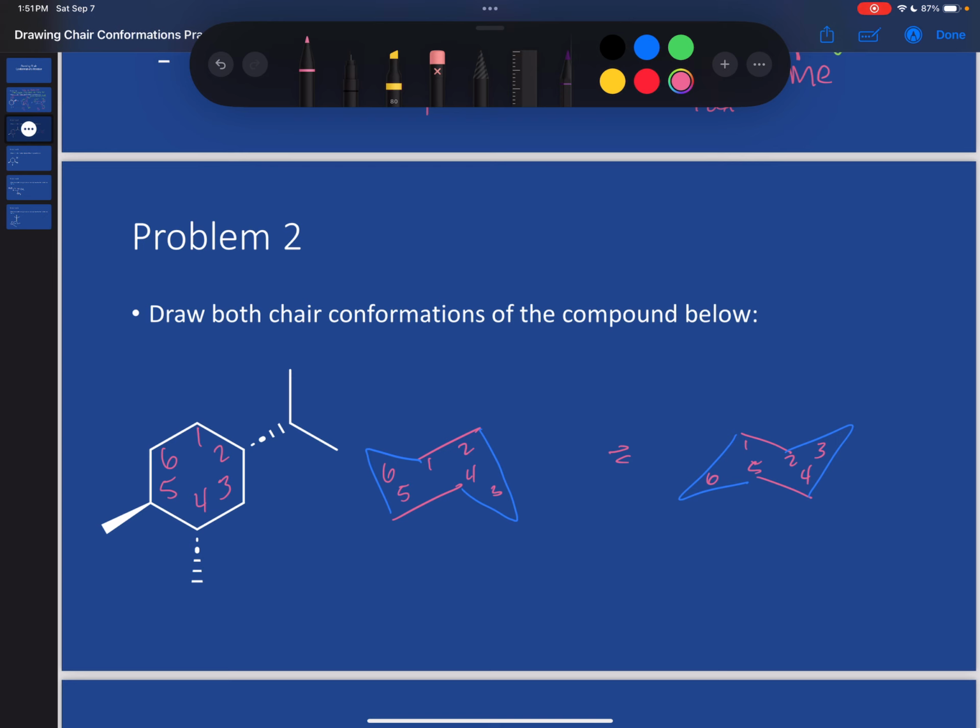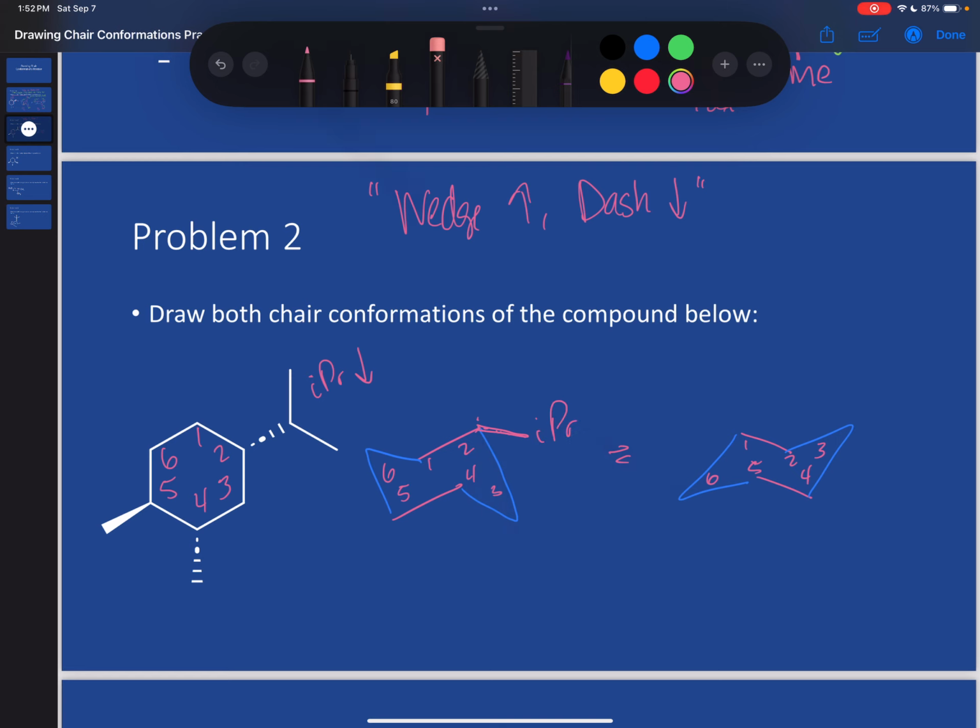So I don't have anything on 1, but 2. All right, so remember our phrase, wedge is going to be up, dash is going to be down. So here I have a wedge, so this isopropyl group should be down. Looking at carbon number 2 of my chair, we can see that the equatorial position is going to be down.